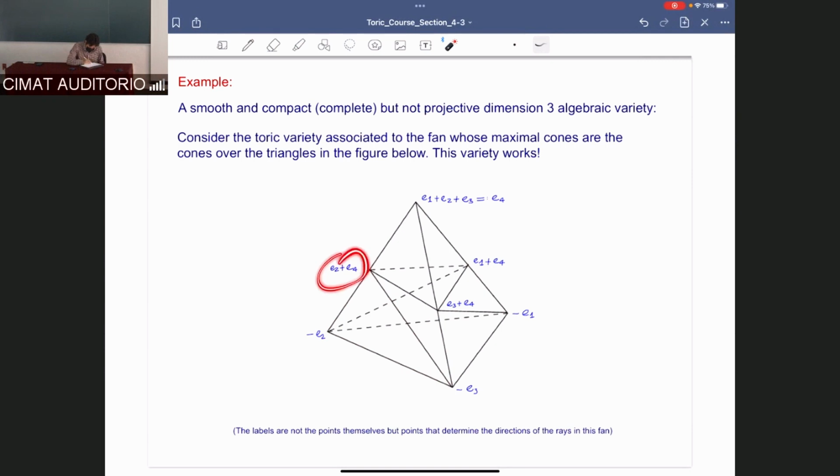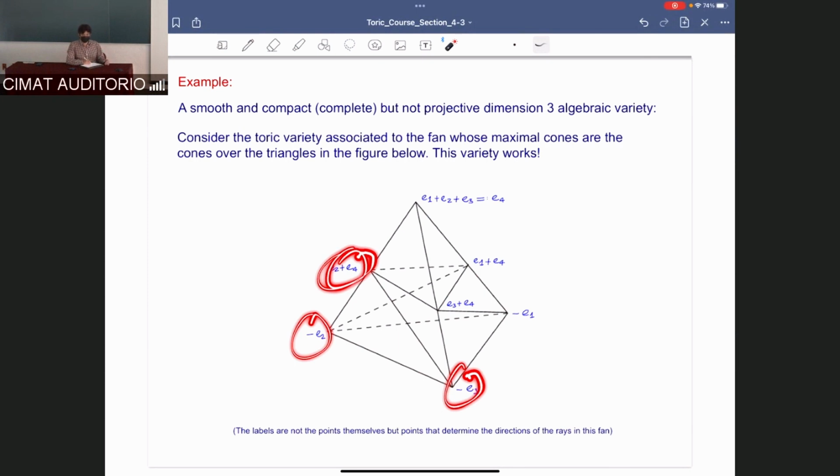Yes, because these three are a basis of Z3. Minus E2 and minus E3, if I subtract from here, I can clear that E2, and then using minus E2 and minus E3, I can clear and get E1. So they generate E1, E2, and E3, so they generate the whole lattice.